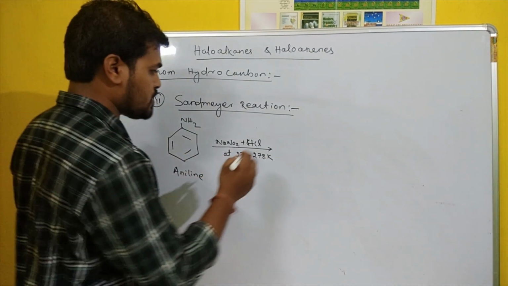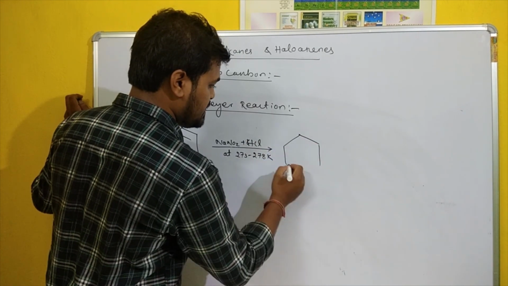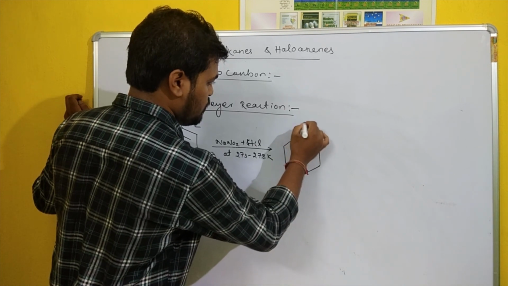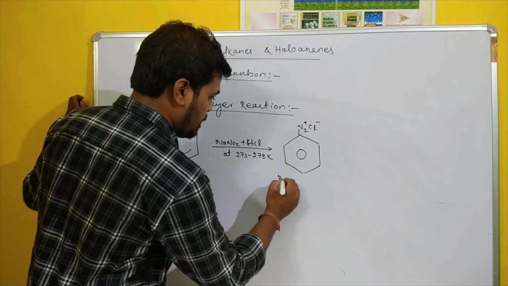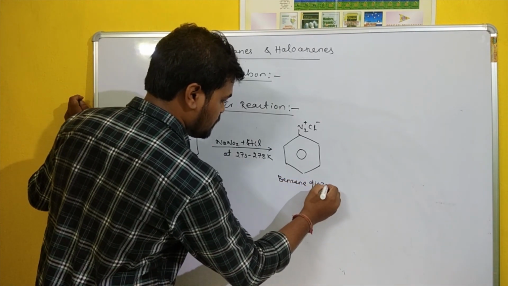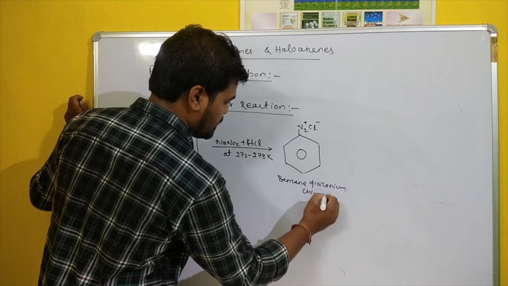This reaction first makes benzene diazonium chloride, that is N2 plus and Cl minus, that is called benzene diazonium chloride.